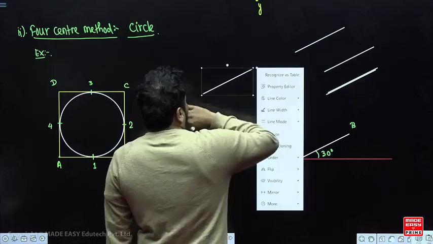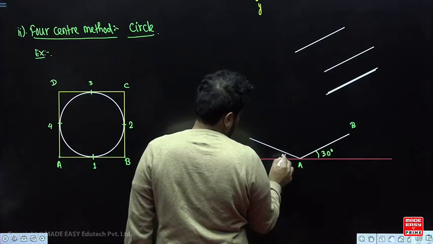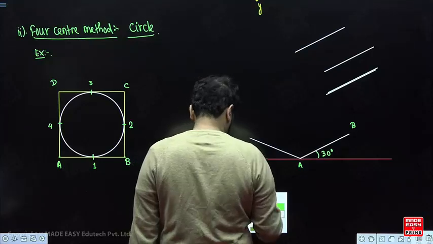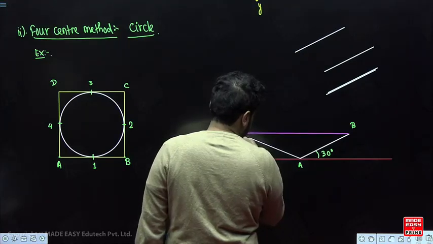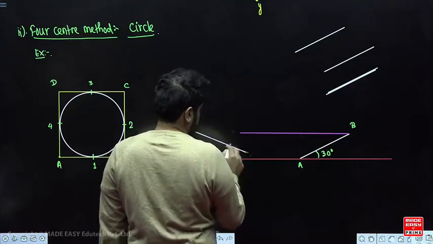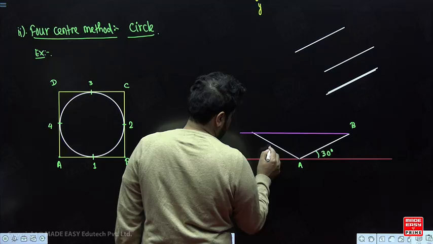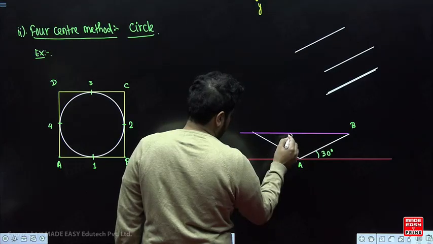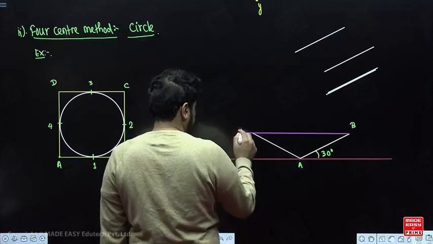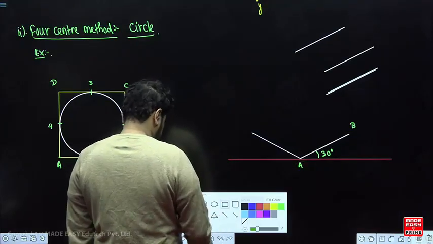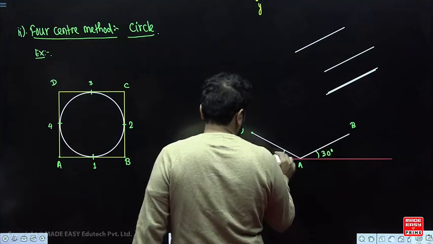Similarly, this make it D, right? This should be also at 30 degree.